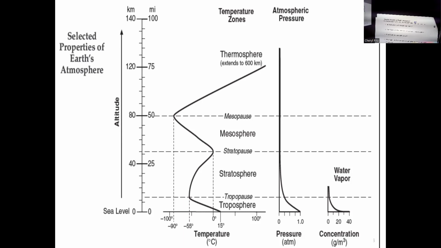All three graphs have their own x-axis, but they all share a y-axis. So that's where I want to start. Take a look at the y-axis. It's altitude. Do you guys know what altitude means? The altitude of Polaris. Okay, so what does that mean?